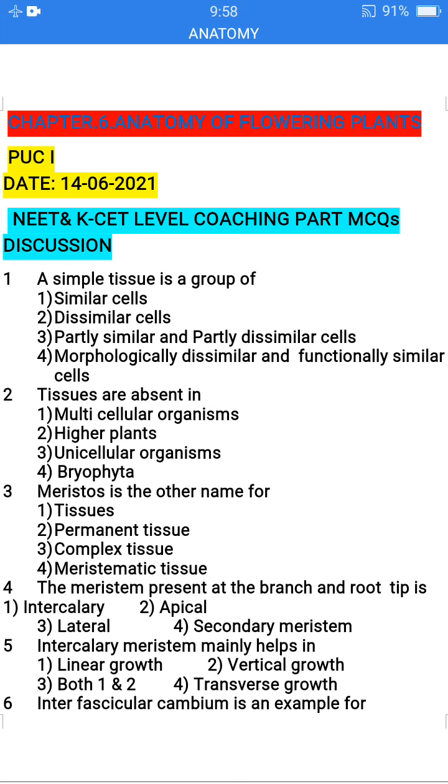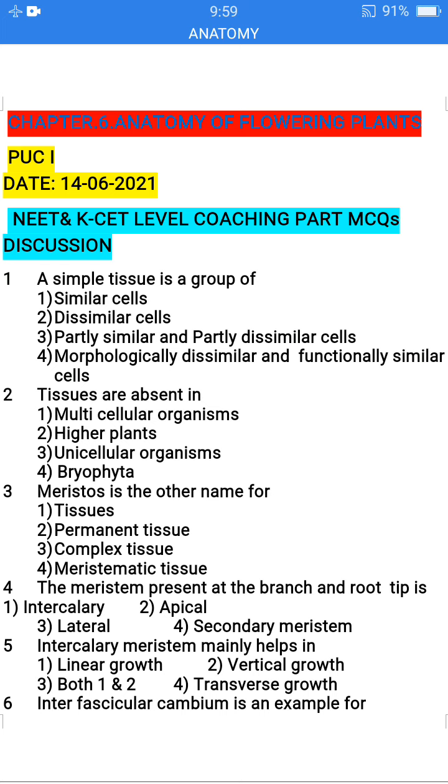Let's see the explanation for this question. In the Greek language, the word meristos means, you know very well, right? Nothing but to divide. So the cells which are present at the tips, like root tips, shoot tips and axillary buds, comprise specialized regions called meristems. A meristem is a specialized region where rapid or active cell division takes place.